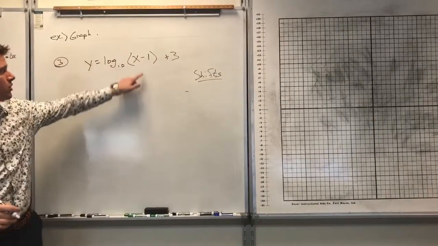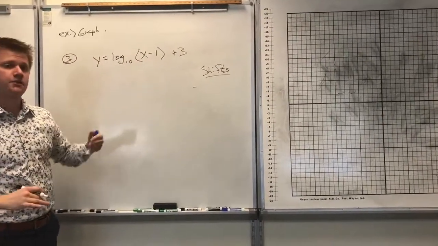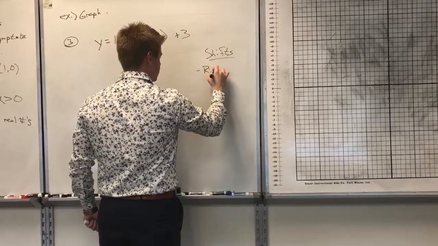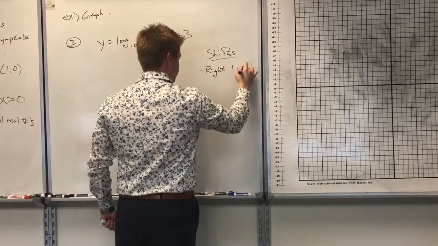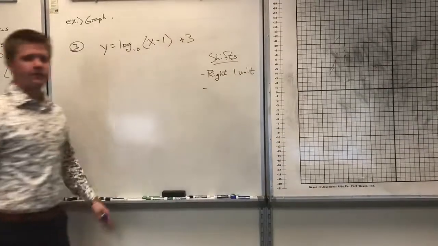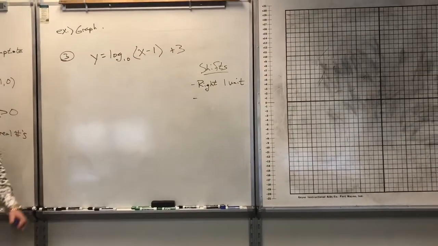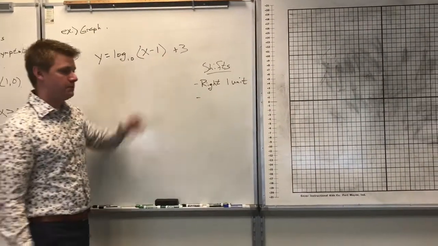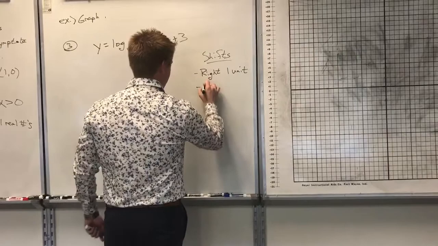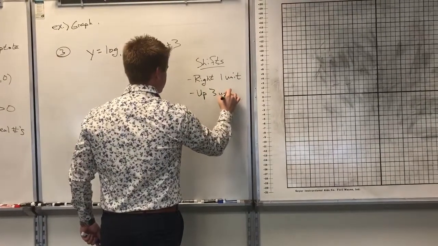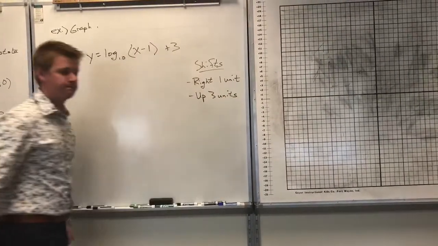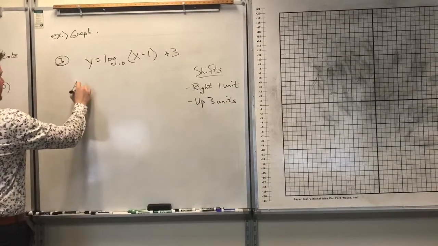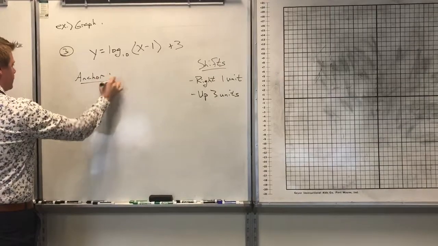First of all, the number grouped with x, we can start there. Since it's a -1, that means we shift right 1 unit. So that is the measurement that we will base our vertical asymptote and anchor point on now. And also with a +3 at the end, that shifts our graph up 3 units.